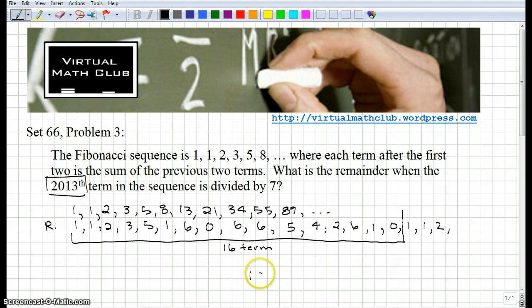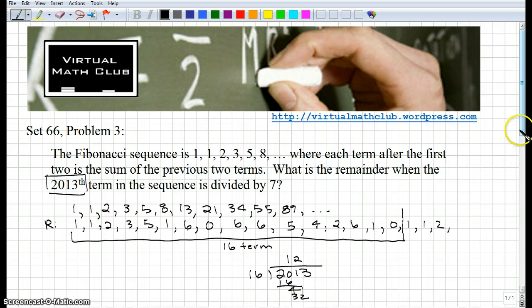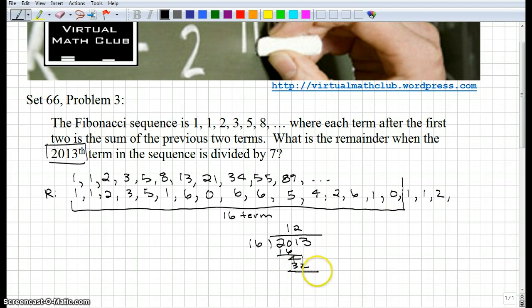So if we divide 16 into 2013, that goes in once, 16, 41, we can take that times 2, that gives us 32, so that's 9, drop the 3, 5 times that is 80, and then 13.